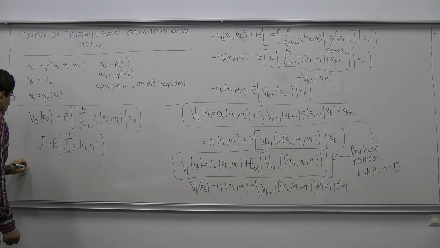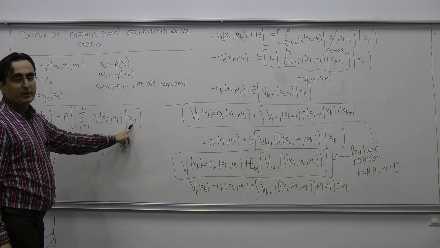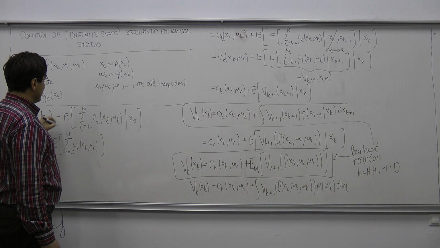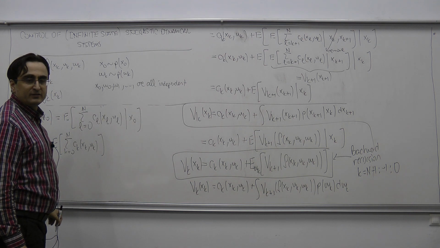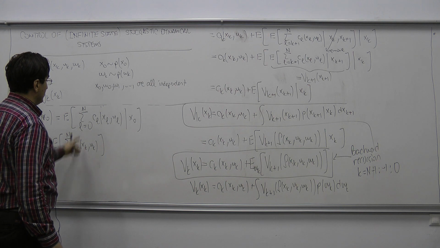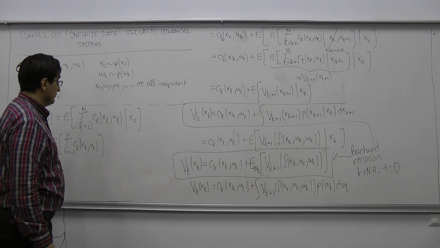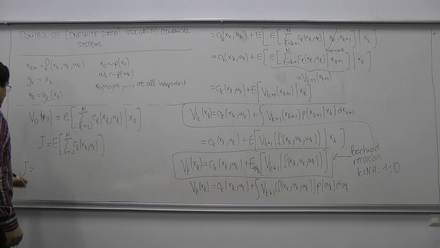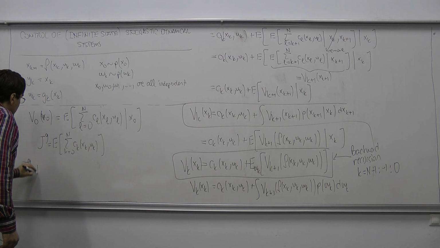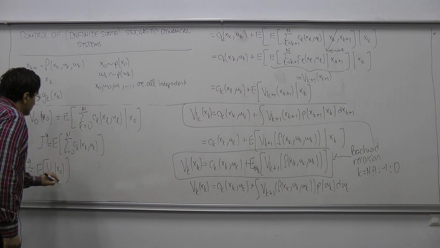So how can I get rid of this given condition from this expectation? If I take the expectation once more of this quantity, then by the law of iterated expectations, it is going to be the expectation of this quantity only, without any given conditions. That means that our J is going to be the expected value of V0 of x0.